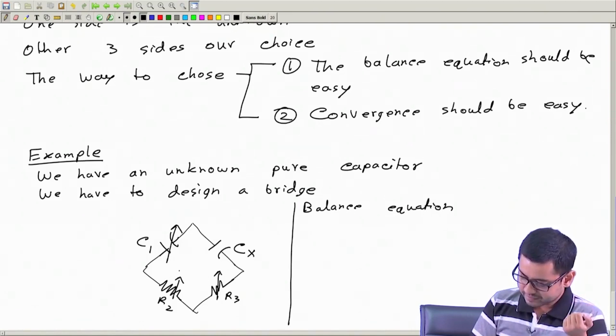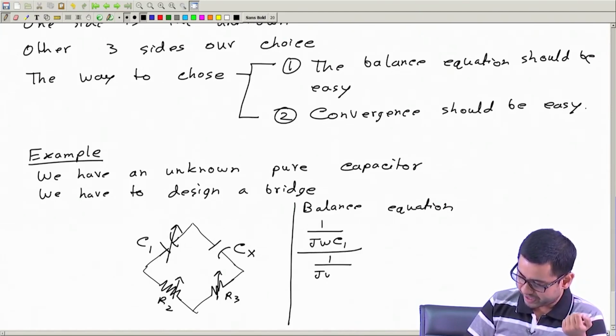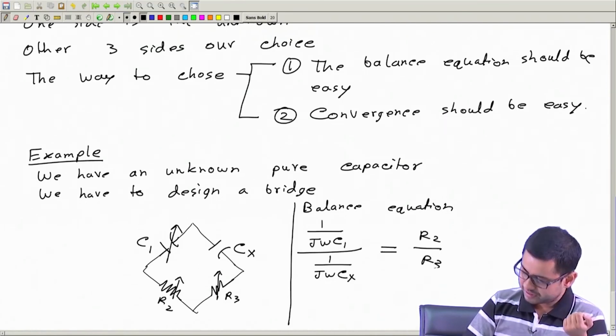What can we write? We can write the impedance of this, which is 1 over j omega C1, divided by the impedance of this, adjacent sides, 1 over j omega Cx, should be equal to R2 by R3.